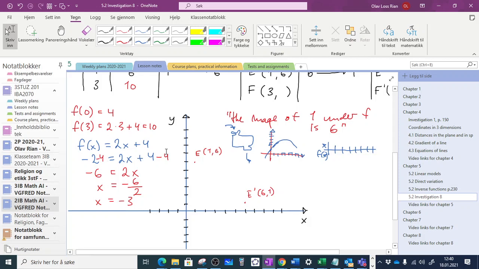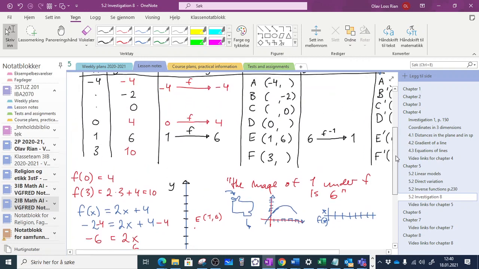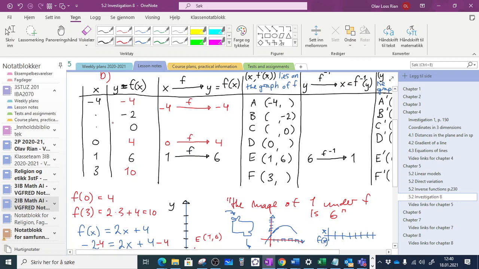So when the function value is minus 2, x is minus 3. So I can write minus 3 over here. We do the same thing with 0, and we get minus 2 as the x value.